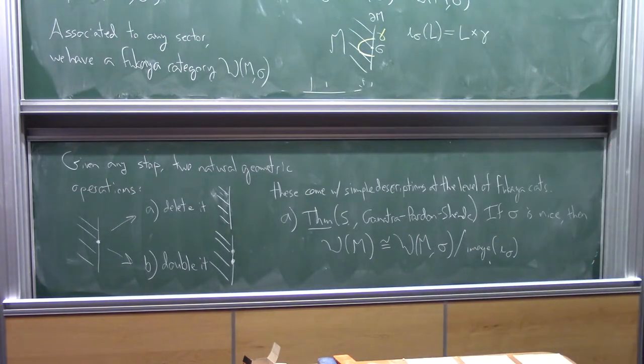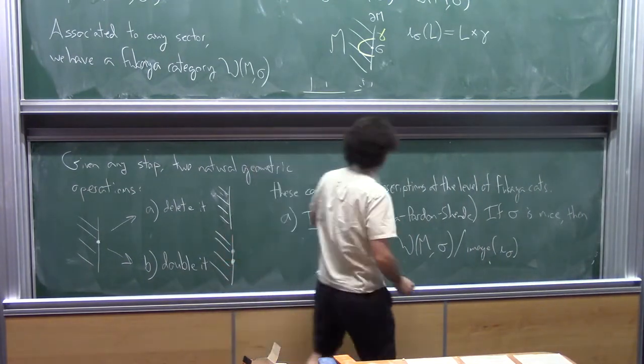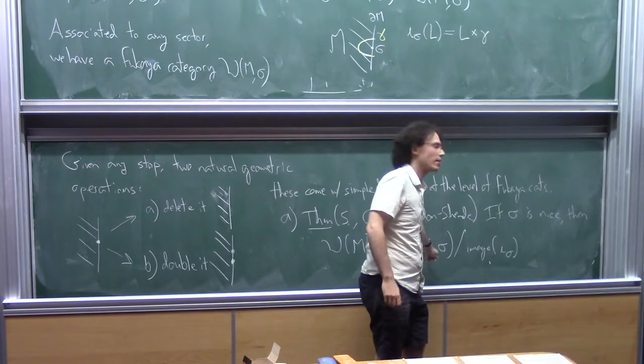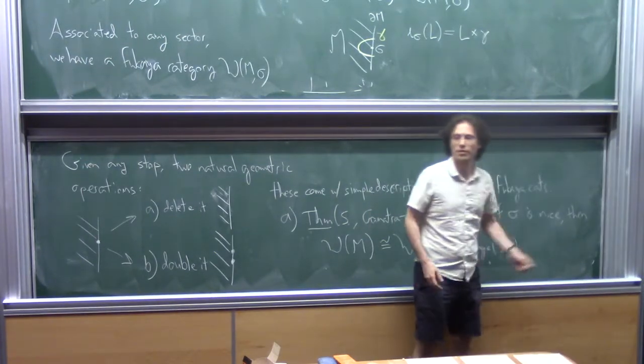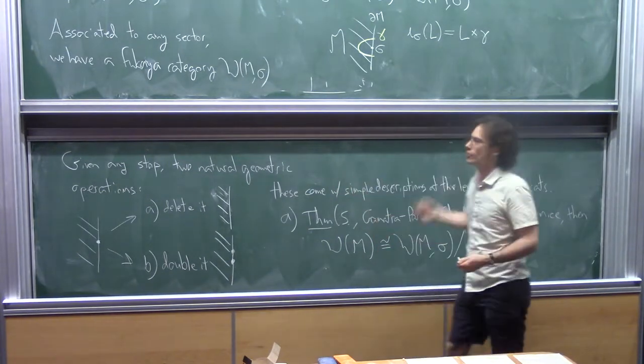So if we understand this partially wrapped Fukaya category and we understand I sigma, then we understand the resulting category of the ambient Liouville domain.